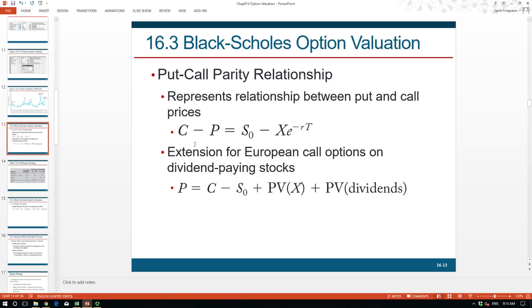Here you see call option equals S0 minus present value of X plus P. That means a call option can be replicated based on holding the stock, borrowing money, and holding a put option.